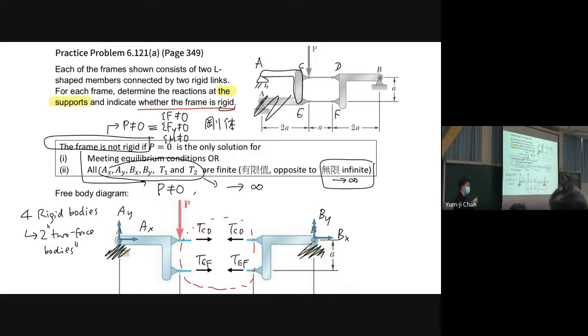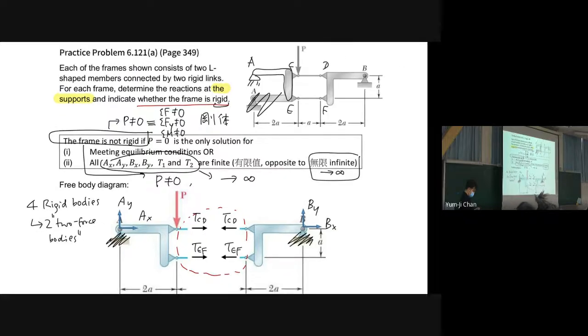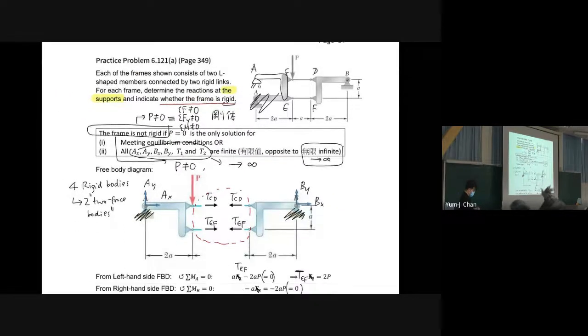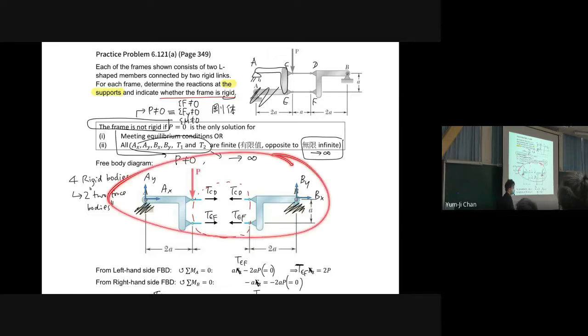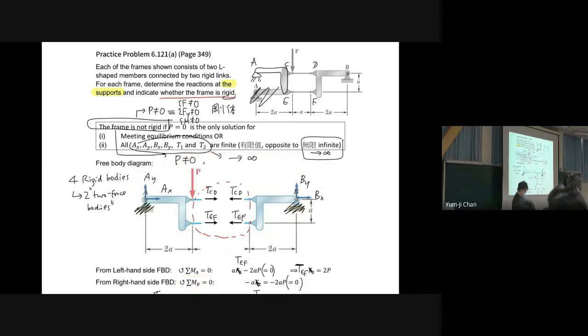Let me go smaller. And this calculation shows us if P is not equal to 0 for this structure, MB cannot be 0. So you can go home and check. If P is not equal to 0, MB cannot be 0.